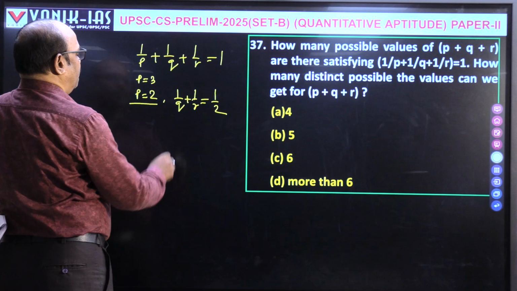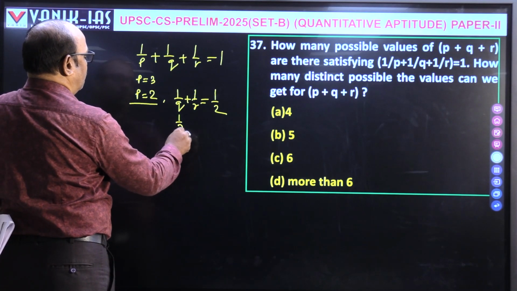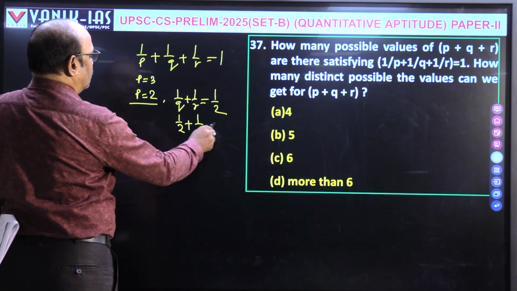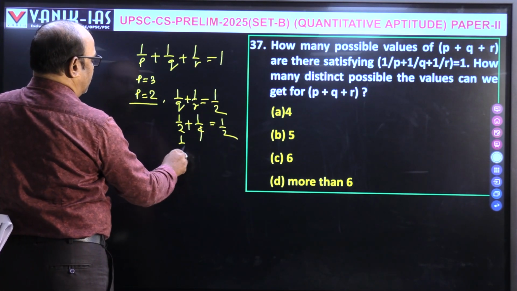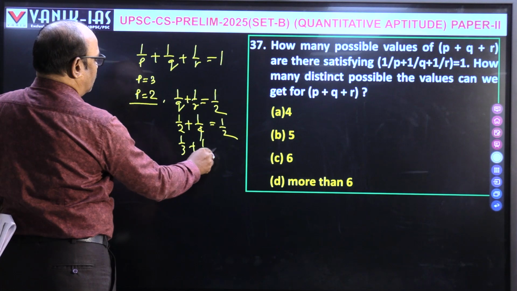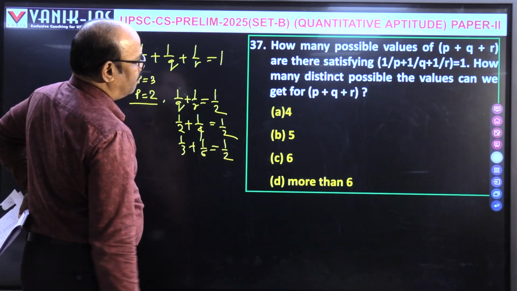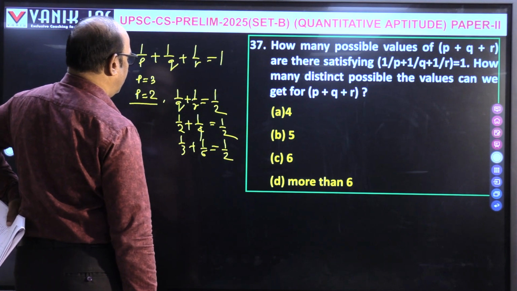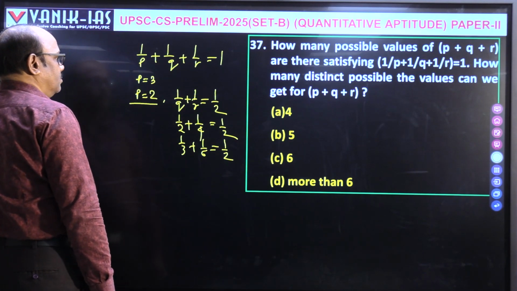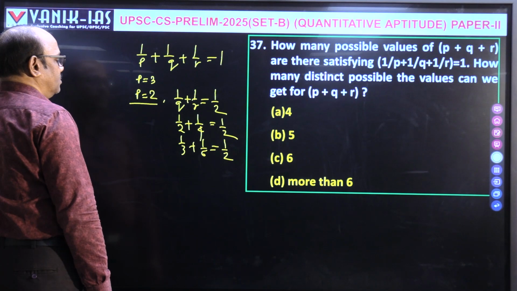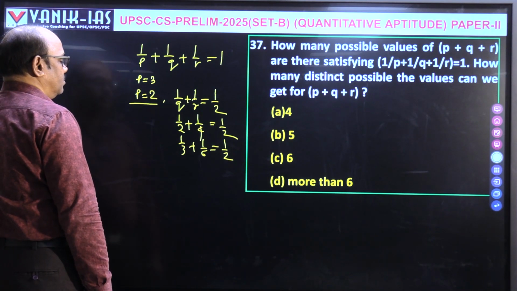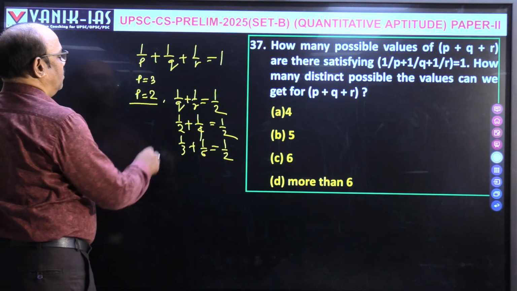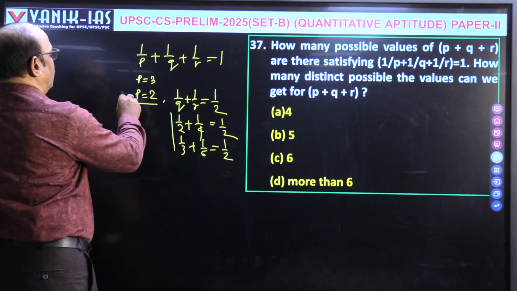So the possible values are 1 by 2 plus 1 by 4, maybe half, also half, and 1 by 3 plus 1 by 6, also half. Other values are not possible. These 2 possibilities are there when P equal to 2.